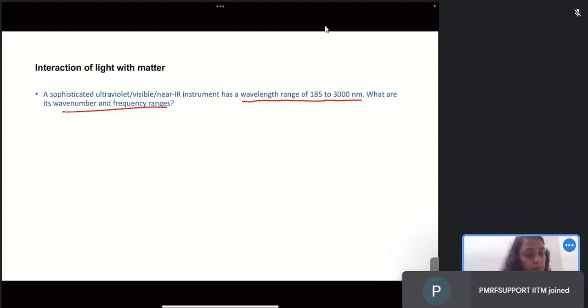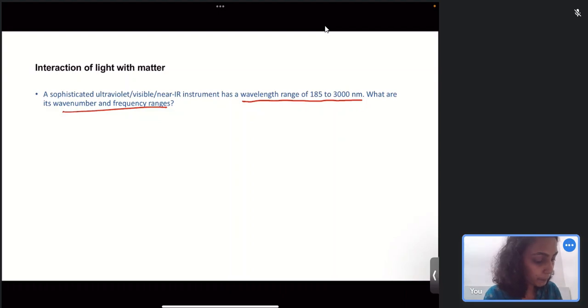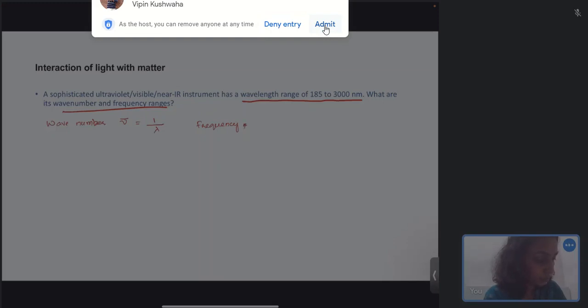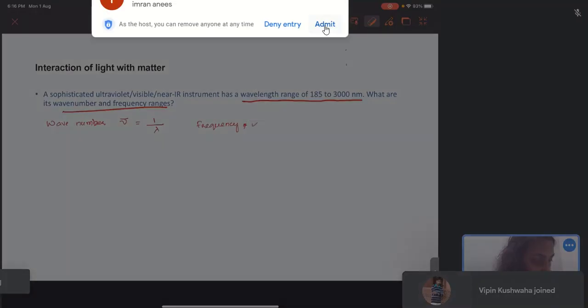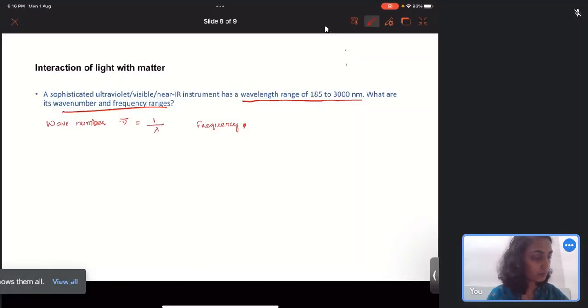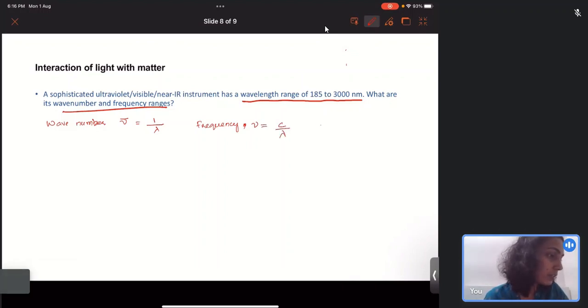So the wave number nu bar is given by 1 by lambda, and frequency nu is given by c by lambda, where c is the velocity of light, and it is given as 3 into 10 to the power 8 meter per second.